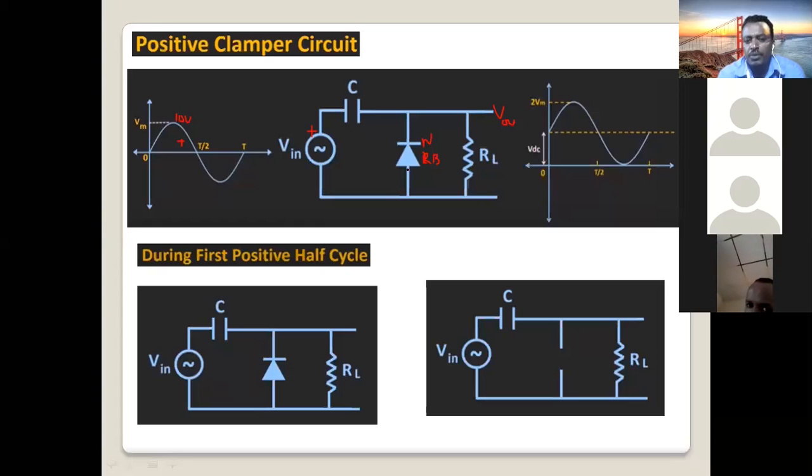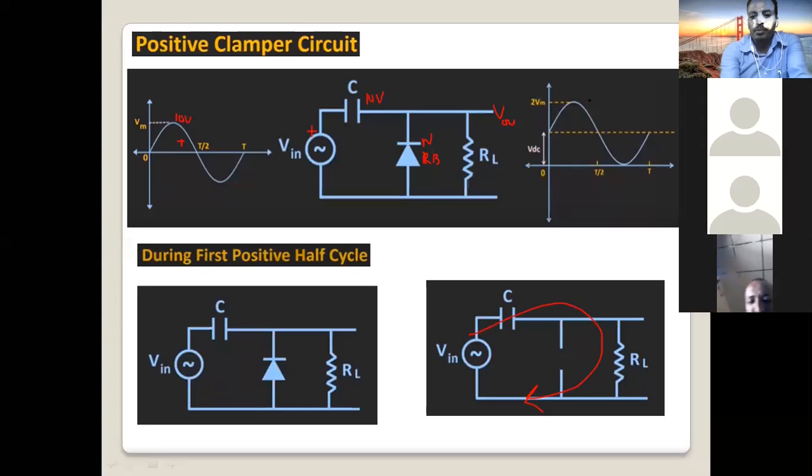The capacitor charges from the input voltage through this path. The capacitor in this case is used as a battery. As you know, it stores charges, so it stores the maximum voltage of 10 volts.